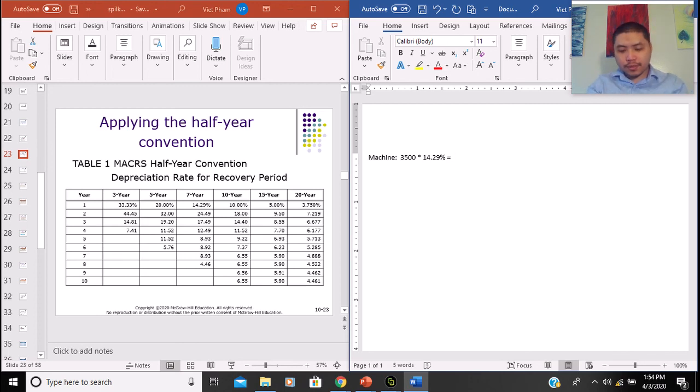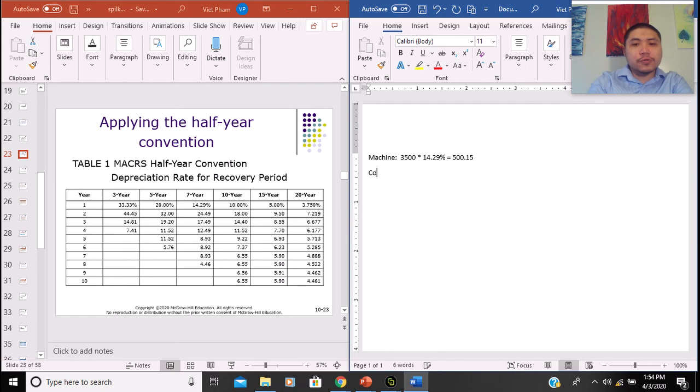3,500 times 14.29%, or $500.15 to be exact. And then for the, I think it's a truck.